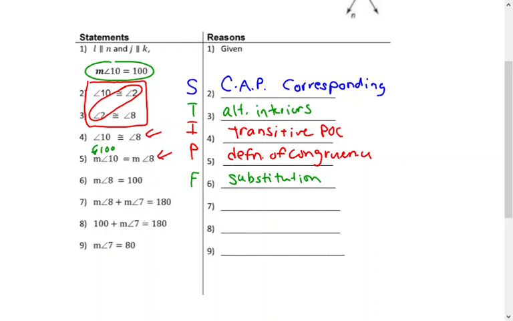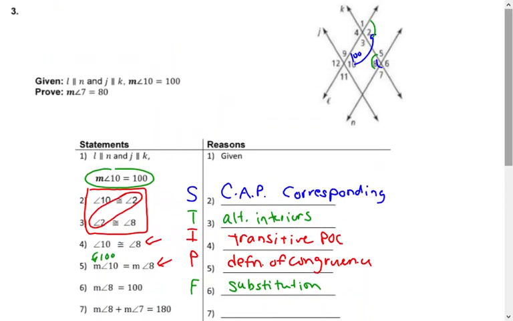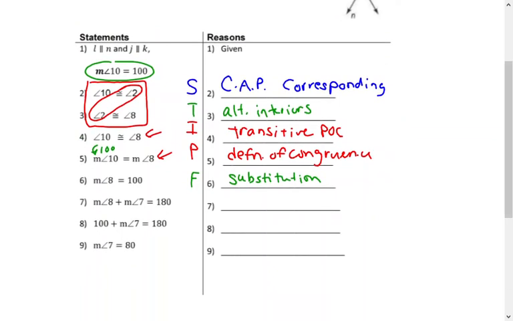Okay. The next one is asking us to look at the fact that the measure of angle 8 and the measure of angle 7 is 180. We need to look back at our diagram to see that. But 7 and 8 do make a straight line. And that's what we call a linear pair. We can use that linear pair postulate to say that they equal 180, which is reason L. Now we want to say that instead of 8, we want to use 100, which we can do by substituting in.